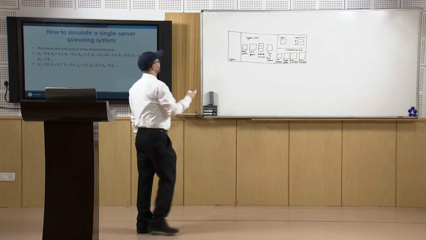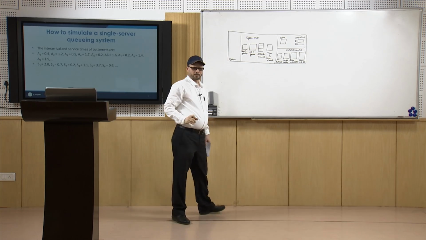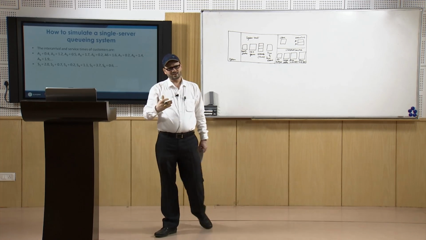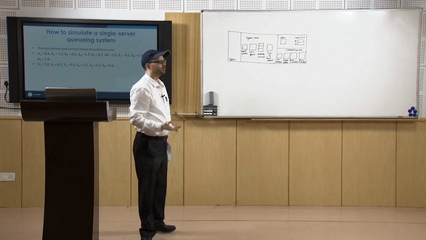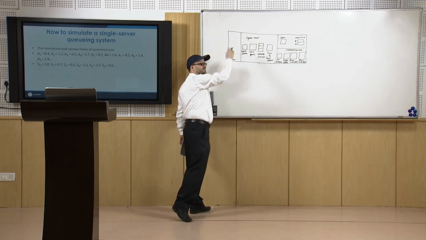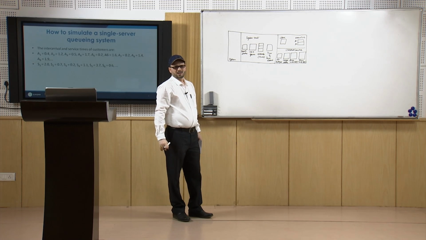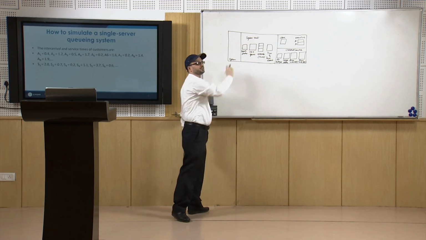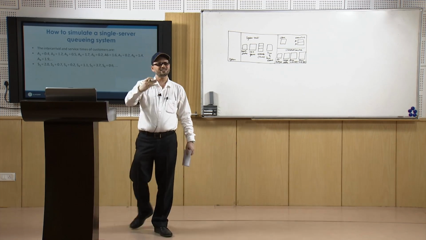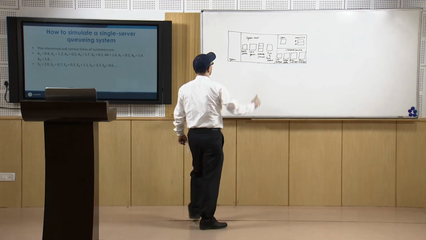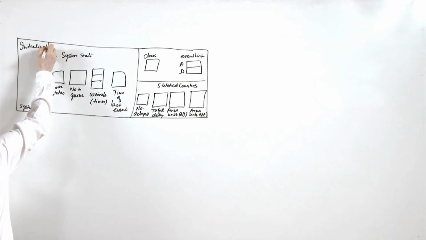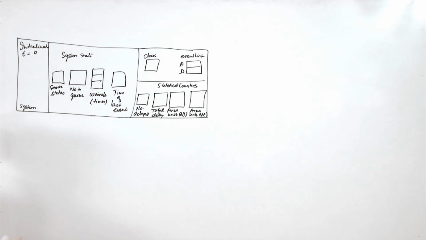This talks about the event which is occurring, whether there is an arrival or a departure. If there is an arrival, it will be an arrival at a certain time; if there is a departure, it will be a departure at a certain time. Initially you initialize the system at time t equal to 0. So, the main program invokes the initialization routine at t equal to 0.